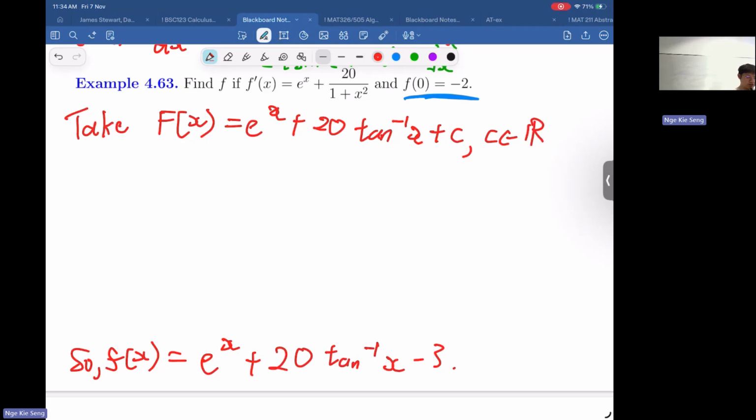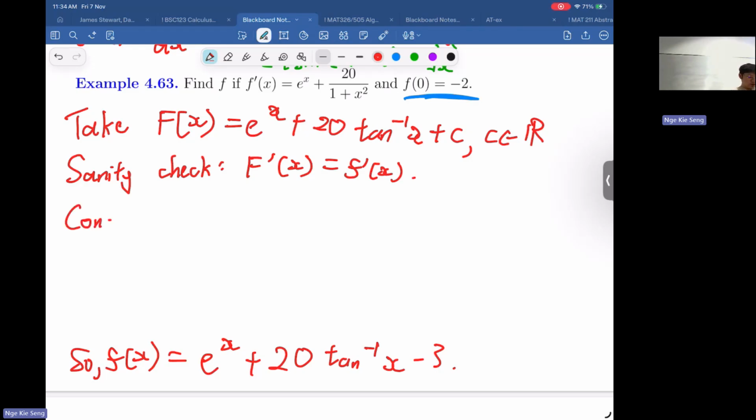So you should do the checking. Let's do the sanity check that capital F prime x is indeed little f prime x. But then there's some extra condition you need to check here. So let's check the condition at x equals 0.